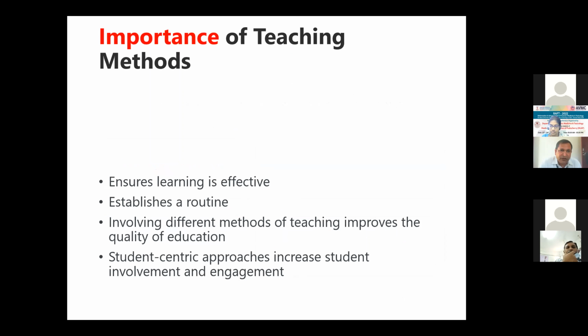What is the importance of teaching methods? Teaching methods ensure that learning is effective, and using different methods improves the quality of education. It should be student-centered, encouraging student involvement and engagement. So the teaching method should increase the involvement and engagement of the students.